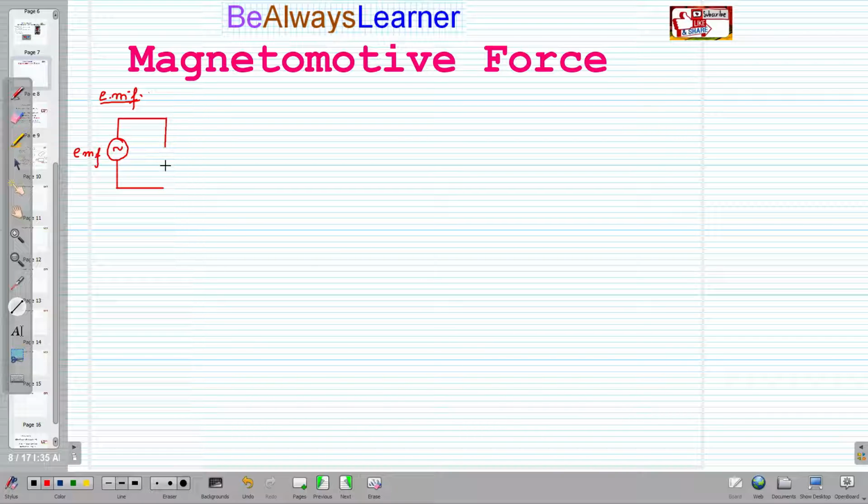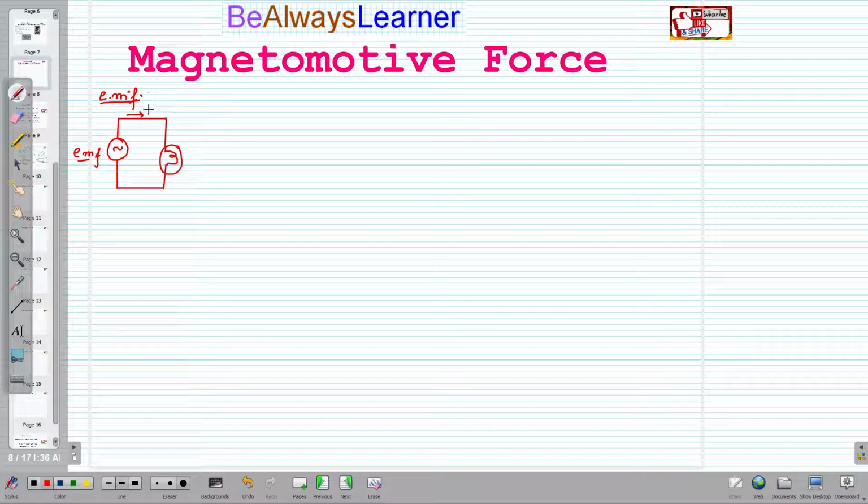Here we are going to consider the lamp as a load. So this is the lamp. As this EMF is connected to the circuit, then the electrons start flowing, because this EMF gives the force to the electrons to move.